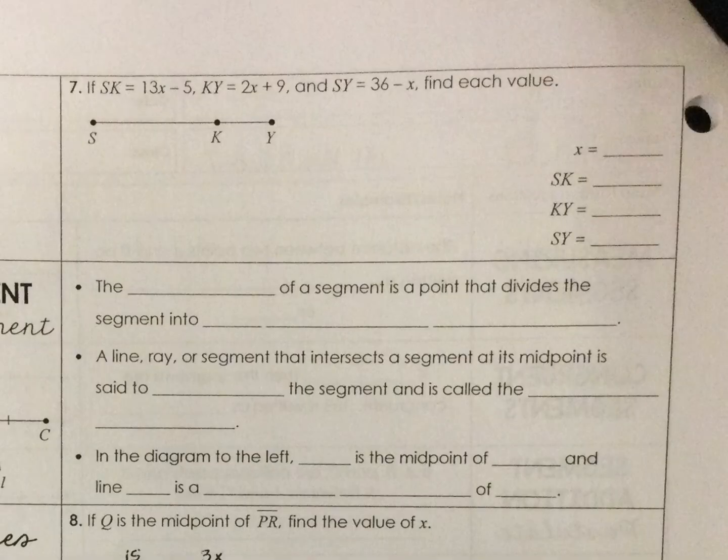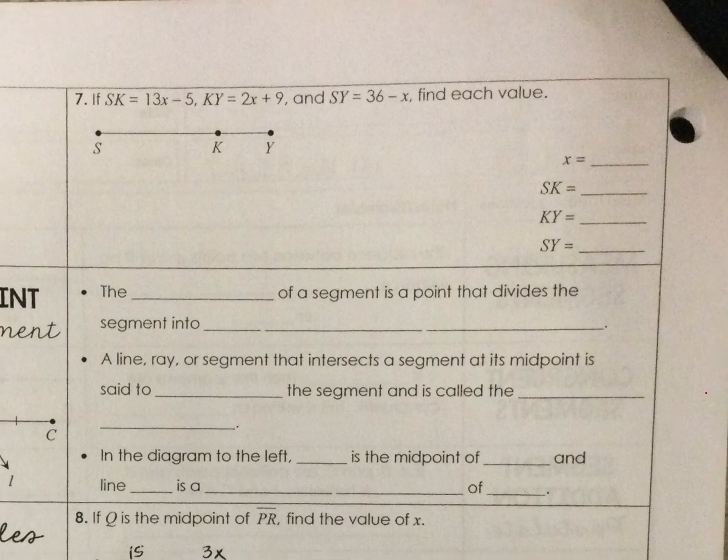All right, we're going to do number 7, the first part together. SK is 13x minus 5. KY is 2x plus 9.